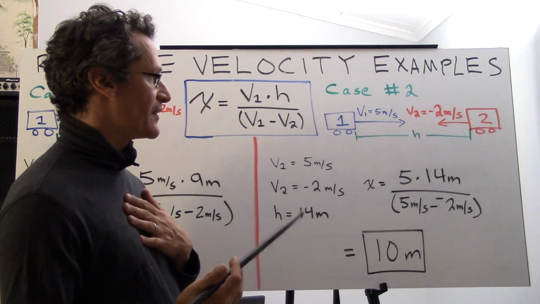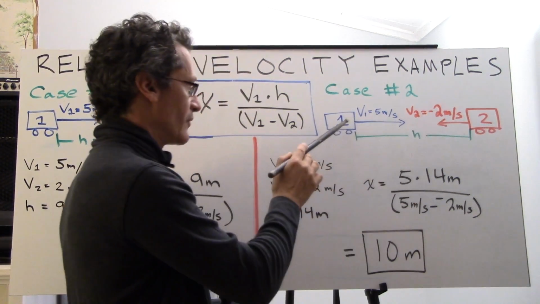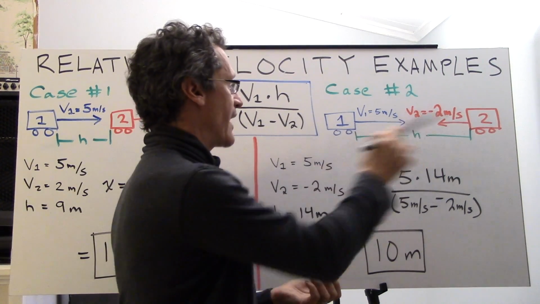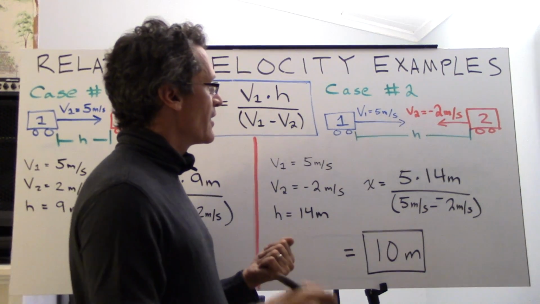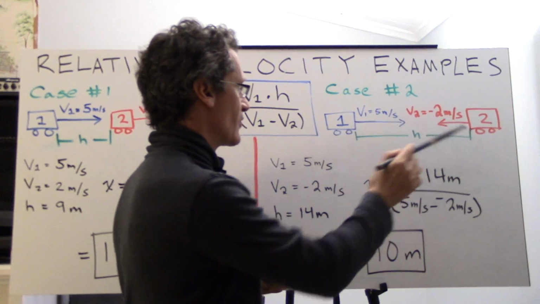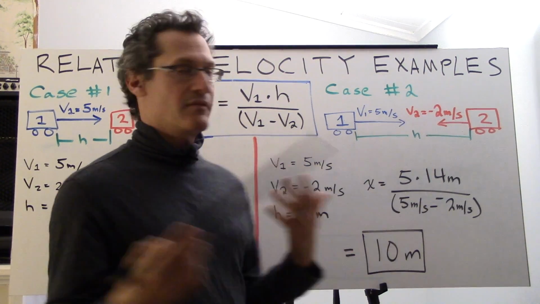So in this case, car 1 would be coming at a stationary object at 7 meters per second, the addition of these two coming at each other, then it would take 2 seconds for car 1 to reach this location. It would travel 7 meters and then another 7 meters, and then that's it.